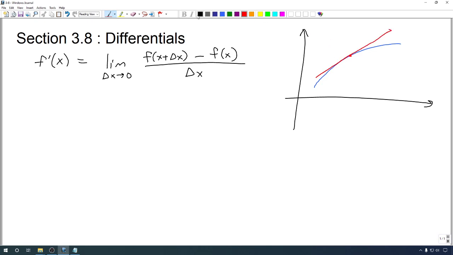Essentially saying that if we have our x value here, and then we move off of our x value by a small amount, we add delta x to it, or we could go the opposite direction and subtract if we wanted to. We're comparing this point here at x and its y value of f of x to the y value at x plus delta x.